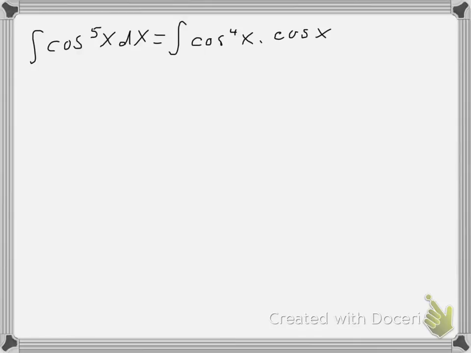Let's take a look at this example. Let's say we want to find the integral of cosine to the 5th of x dx. Well, let's rewrite this to be the integral of cosine to the fourth of x times the cosine of x dx.